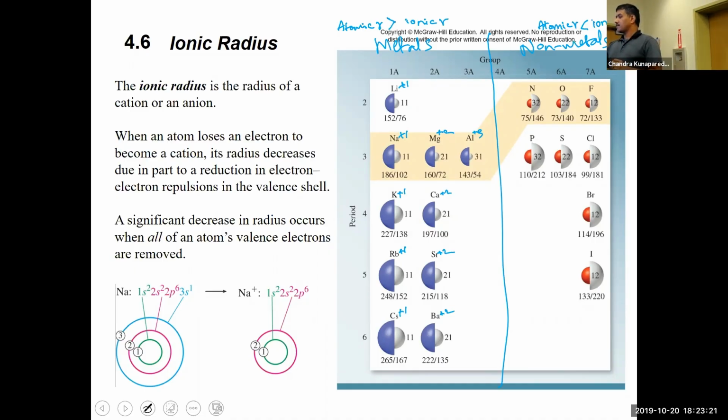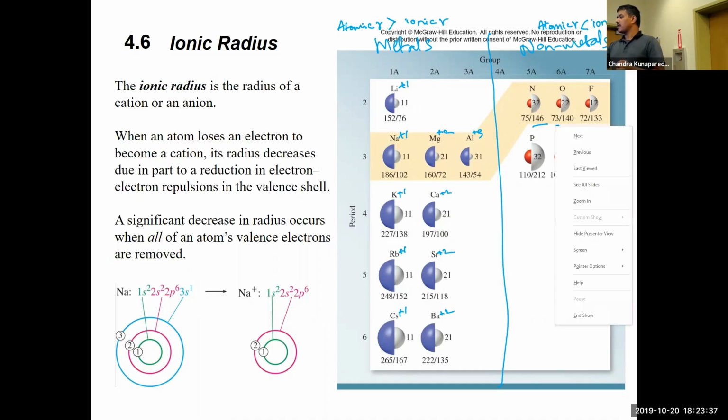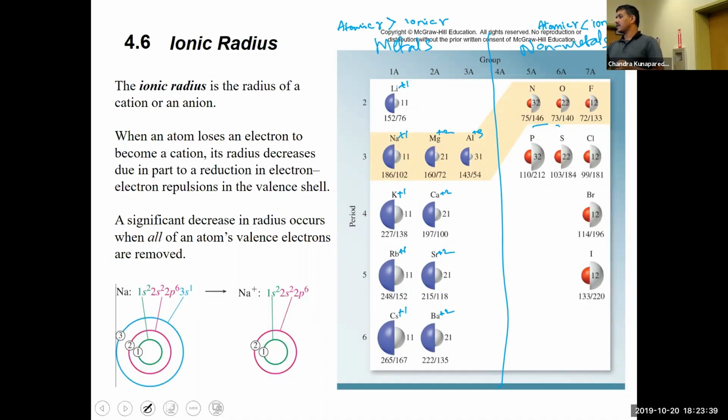So here, if you can see, the atomic radius of nitrogen is only 75, but once it forms ions, it will have a greater ionic radius. Compared to oxygen, it has an atomic radius of only 73, but an ionic radius of 140.